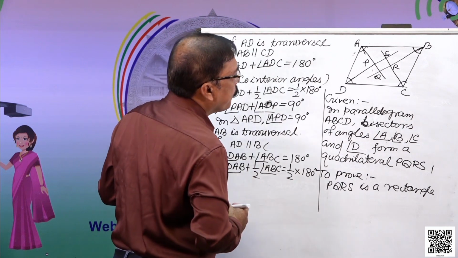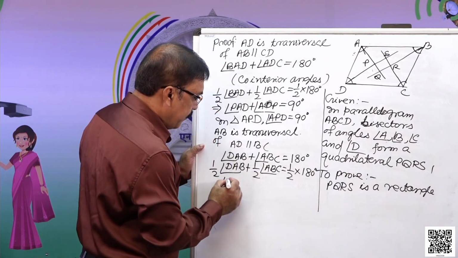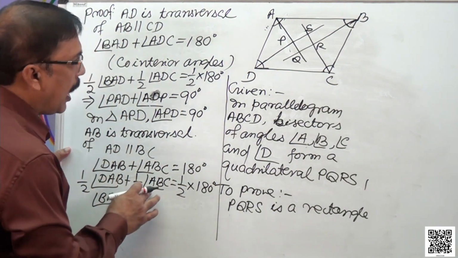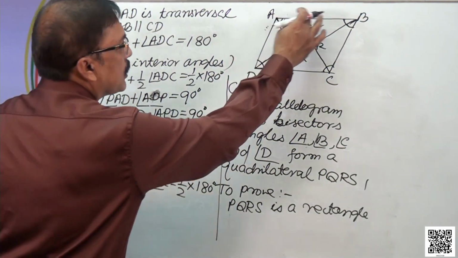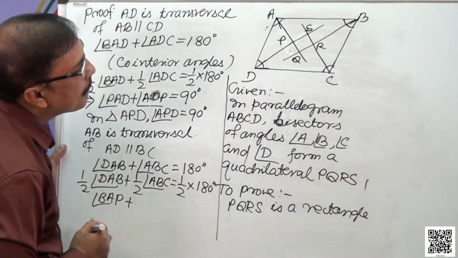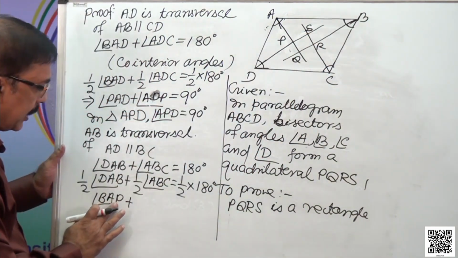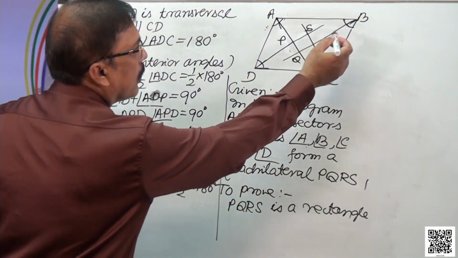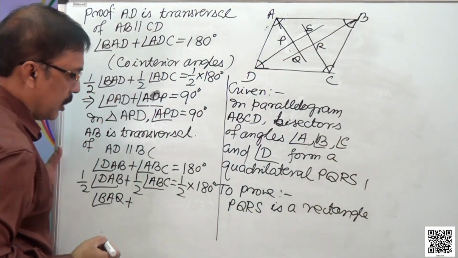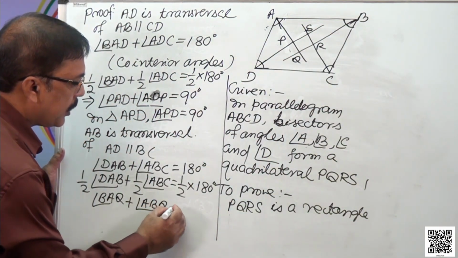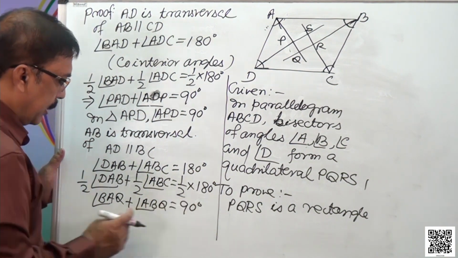So angle BAP plus half ABC, in place of half ABC we can write ABQ. So let's write here BAQ and here ABQ is equal to 90 degrees.